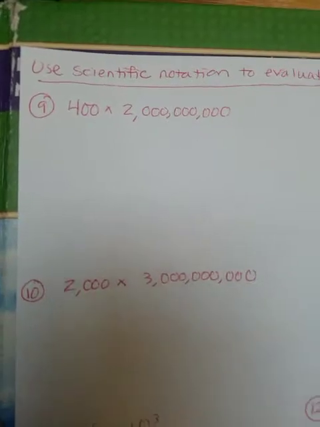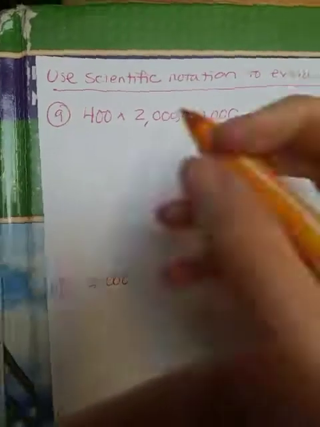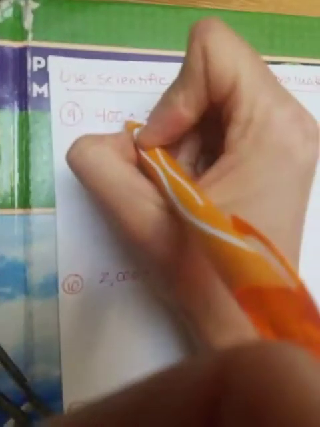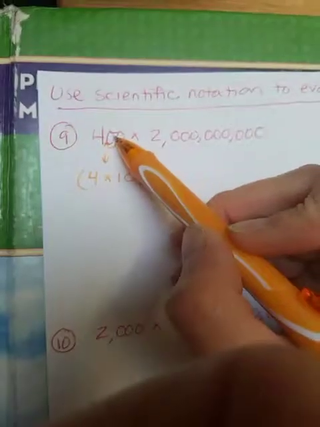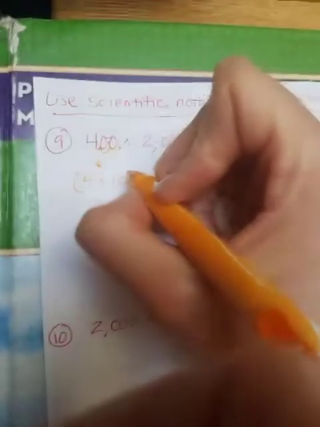Okay, so your first step is to think of 400, and I need to write that in scientific notation. So let's go through what we just did on the last page. I have to move the decimal point to behind the 4. So it's going to be 4 times 10 to the what? Well, 400 is bigger than 1, so my exponent is going to be positive, and I moved it twice.